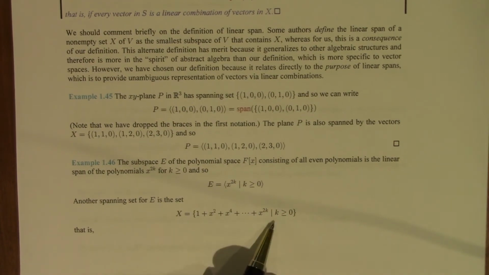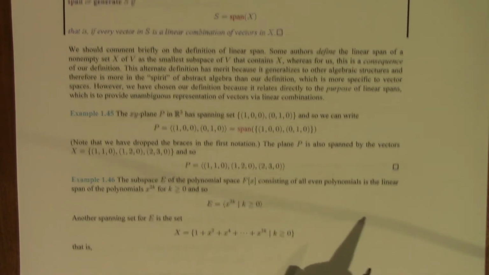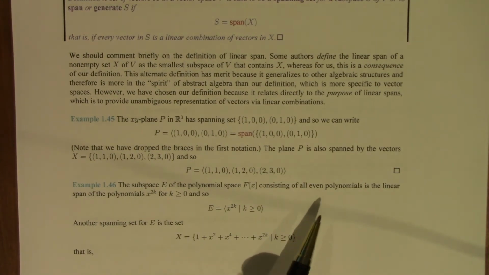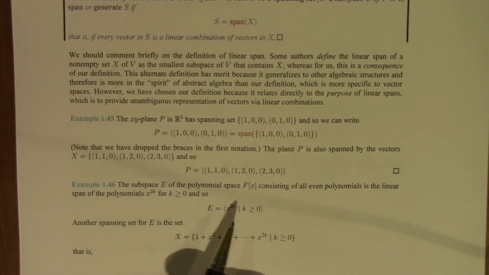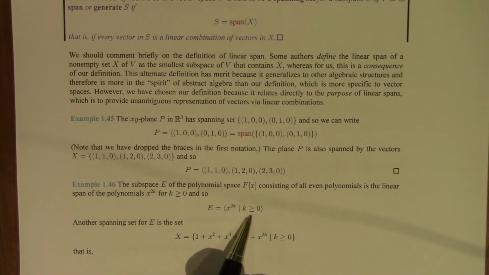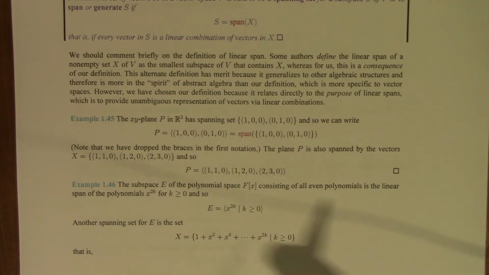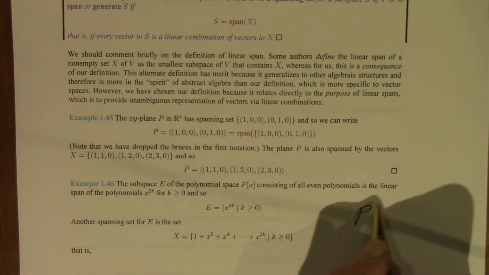This is also a spanning set. So you could, in fact, define a polynomial as even if it is in the linear span of these polynomials. That's not generally how it's done.